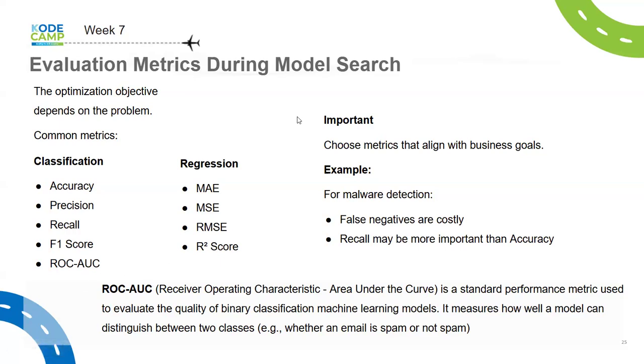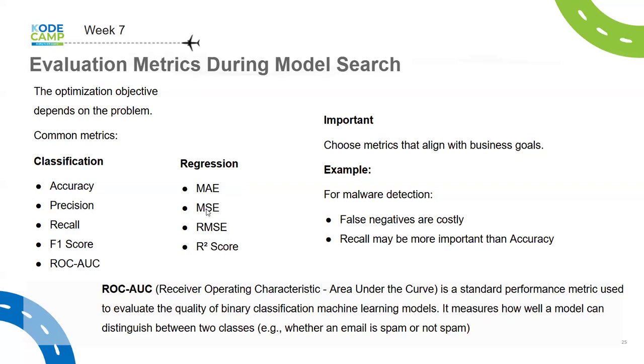And we also have this available in SQL. If you are doing regression, they use MAE, MSE, RMSE. Mean absolute error, that's the average absolute error.